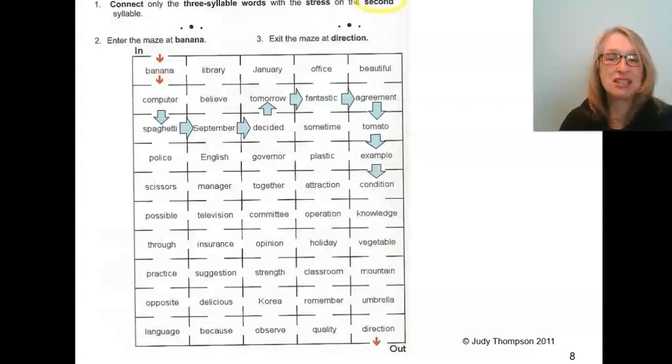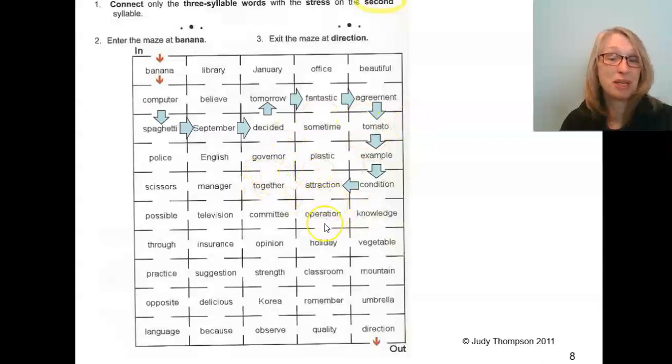So condition, attraction. Some people have trouble with attraction, attraction. Right. The next one, we've got a couple of words. Is it this one or this one?